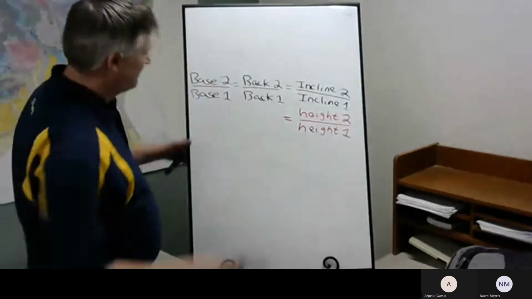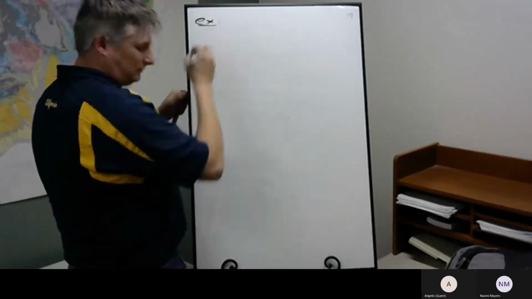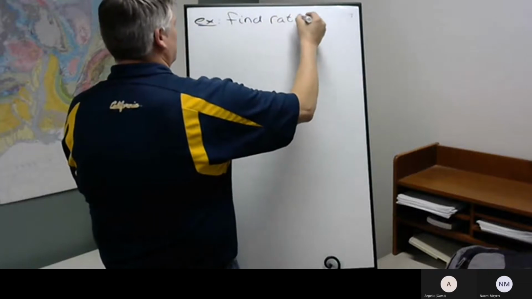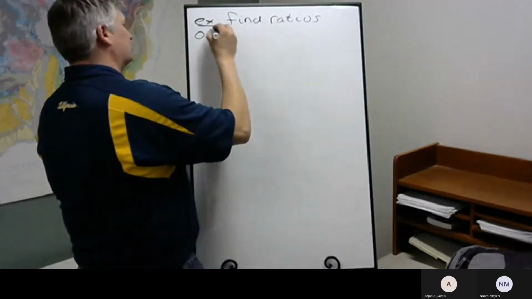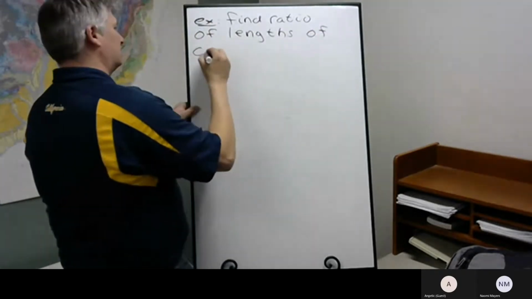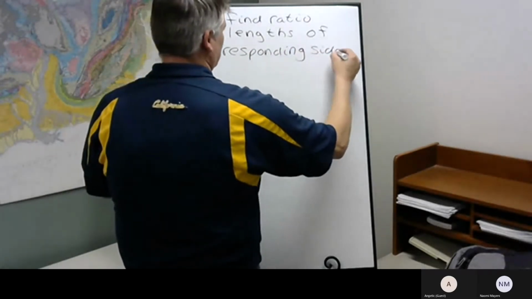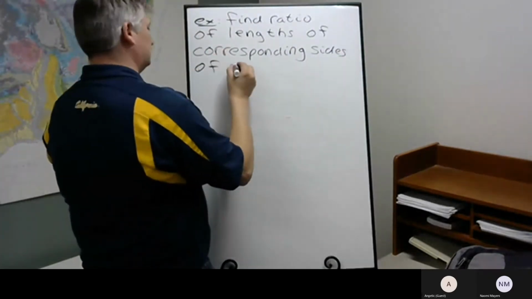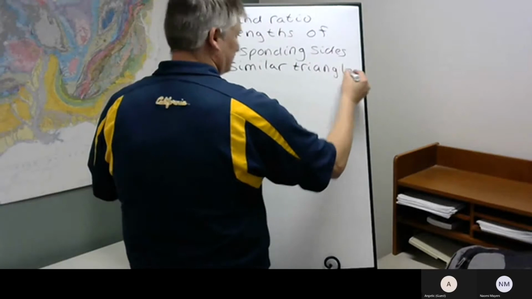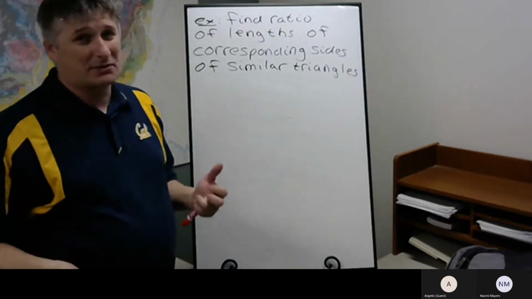Let's see. All right. You want to find the ratio of the lengths of the corresponding sides of similar triangles. Now, I got to tell you the triangles are similar.